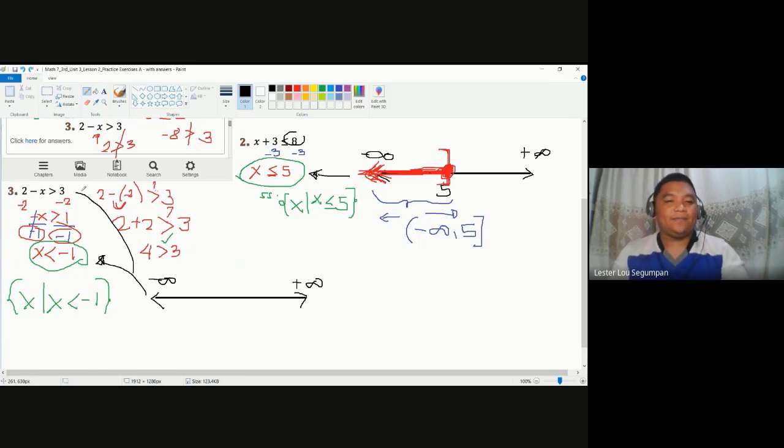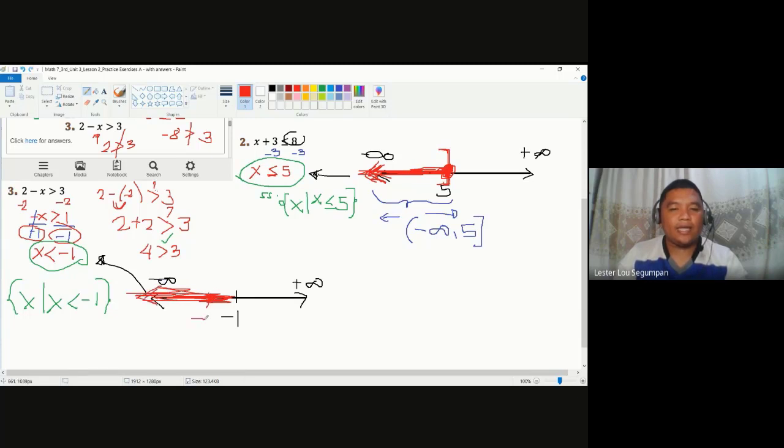So, looking at this, we start with negative 1, and instead of greater than going to the right based on the given, it should be referred to the solution here, which is less than, going to the left. Because this is where you would see negative 2, which actually made the given expression true. So we have these values here.